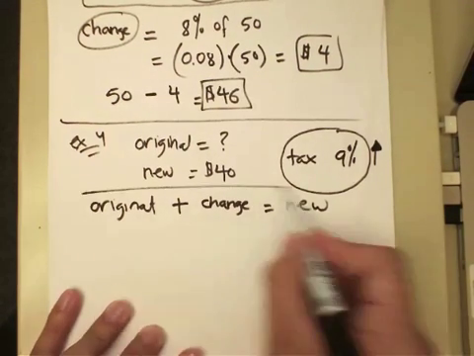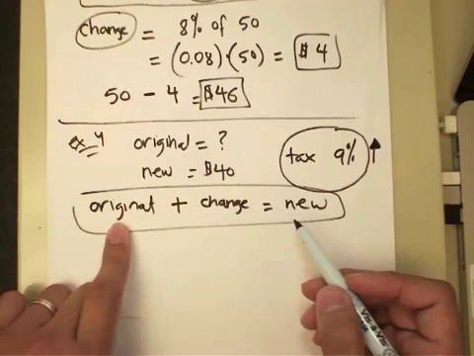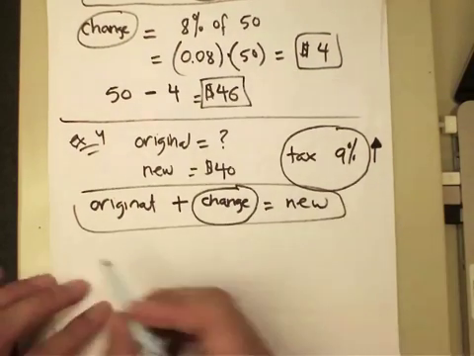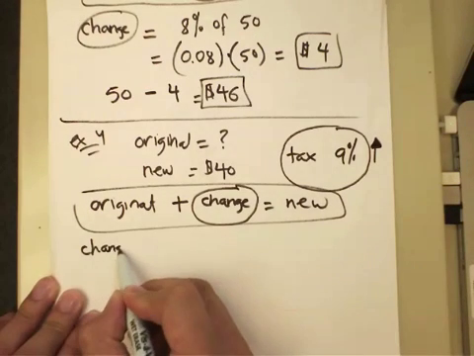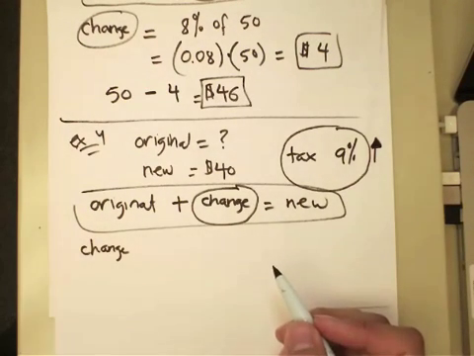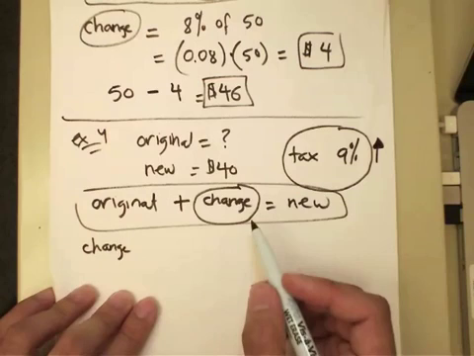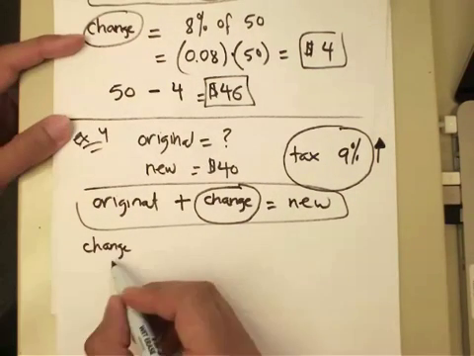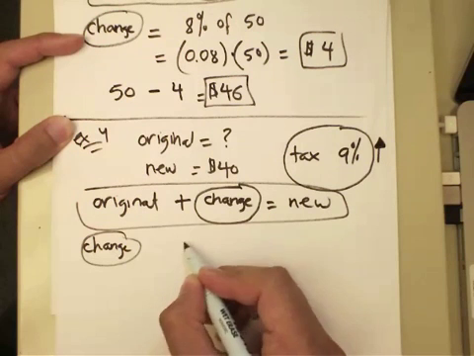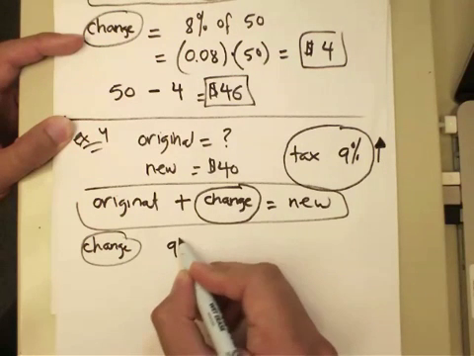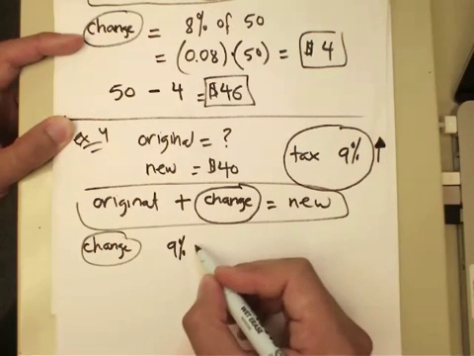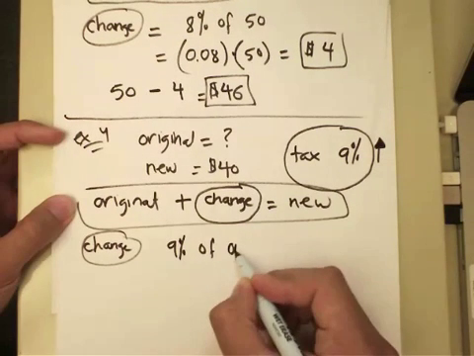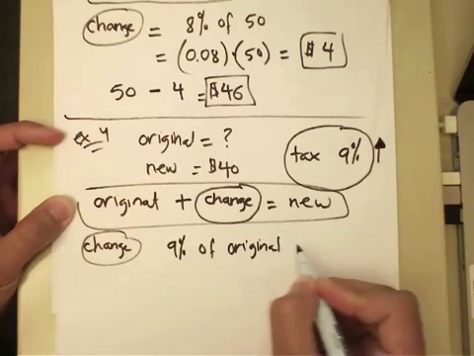Now notice at this time, we don't have the original, we have the new, but we still need to find what the change is. And to find that change, let's see how we're going to do something like that. First of all, to find the change from before, notice on our previous problem, we take the percent, 9% of the original, okay? 9% of the original.